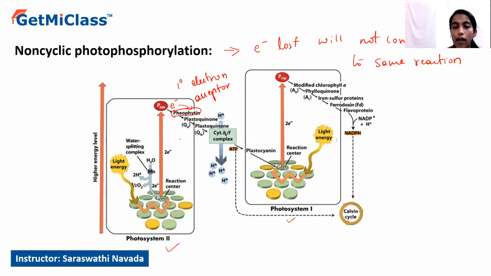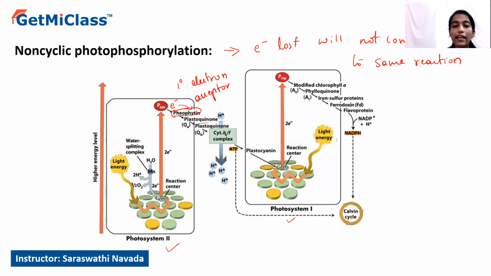In this particular electron transport system, there are two types of electron carriers. One are the fixed or immobile electron carriers, and another one are the mobile electron carriers. So plastoquinone and plastocyanin act as mobile electron carriers which can move from one electron carrier to another one. Whereas pheophytin and the cytochrome B6F complex form the fixed electron carriers, where they are fixed in their position.